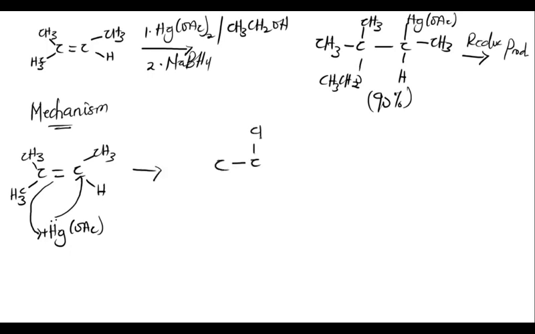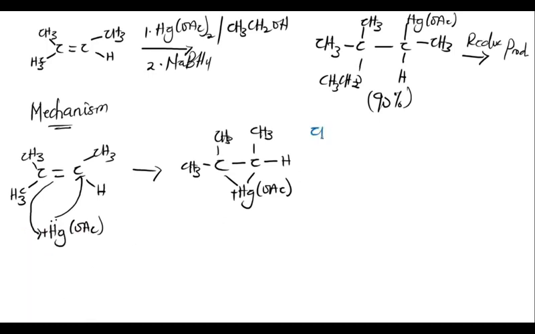So I have my CH3 here, hydrogen here, CH3 here, CH3 here, then I have this OAc over here with a positive charge. Right, so from here my ethanol will now come and perform its attack.